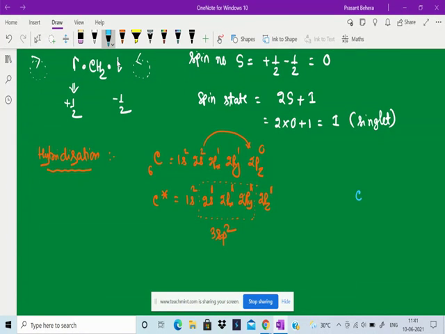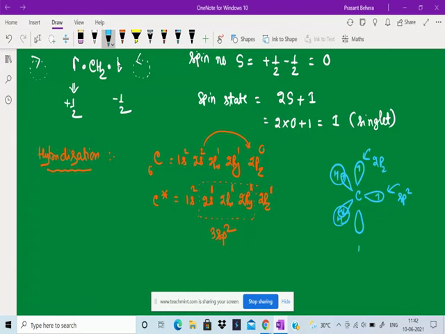Here is the carbon, and here are the sp2 orbitals. Each sp2 orbital contains 1 electron, and two hydrogens are there. One 2pz orbital remains, not participating in hybridization. Here is the 2pz orbital, which contains 1 electron.